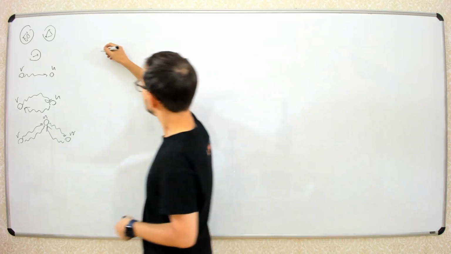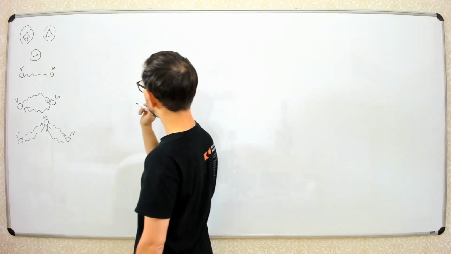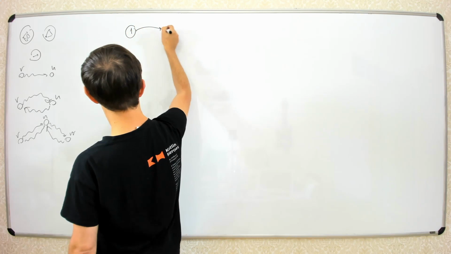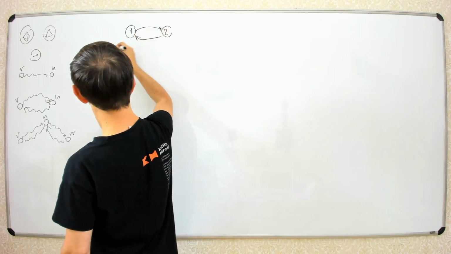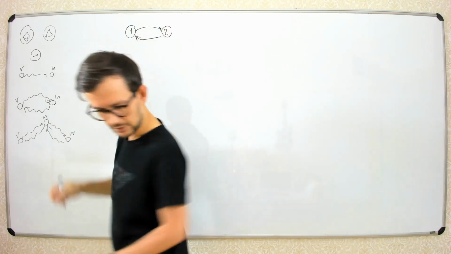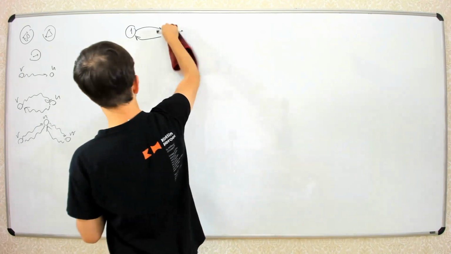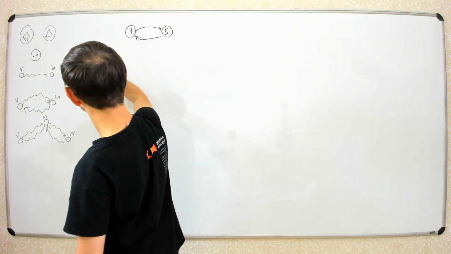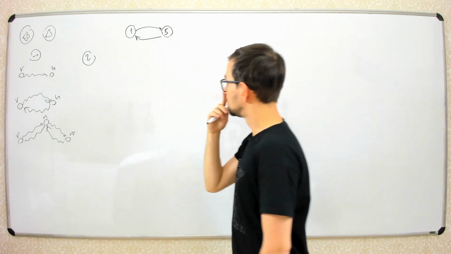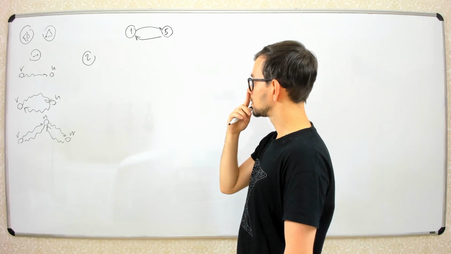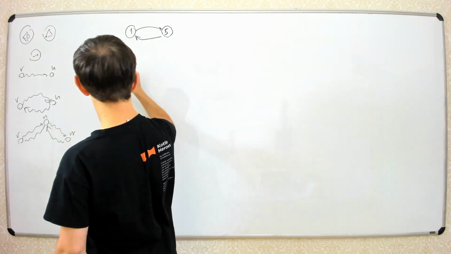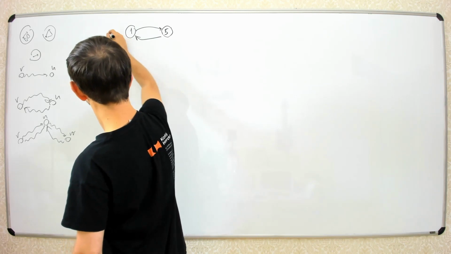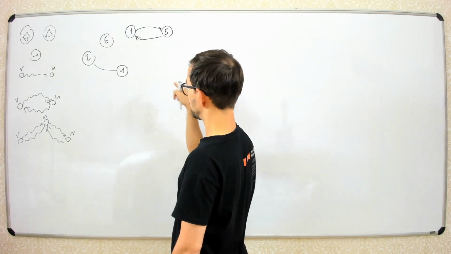Well, let's draw some graph. For example, let's put some numbers. Let's see, 1 and 2 and back. Let's put 5 here, and 4 here and 6 here, and I want it to go there and go back.